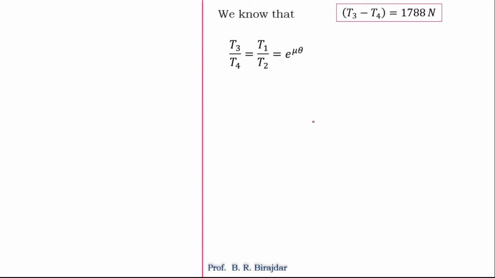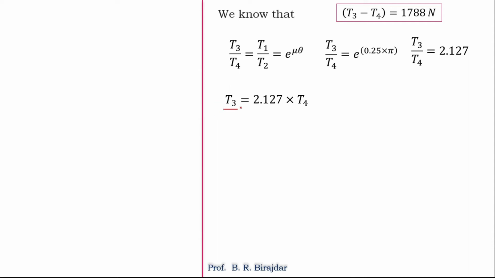Now next, again we know that T3 upon T4 is equal to T1 upon T2, is equal to e raised to mu theta, right? So again we will put T3 upon T4 equal to e raised to mu theta, mu and theta we know. Again we will get the relation between T3 and T4. So we will get T3 is equal to 2.127 into T4, right?